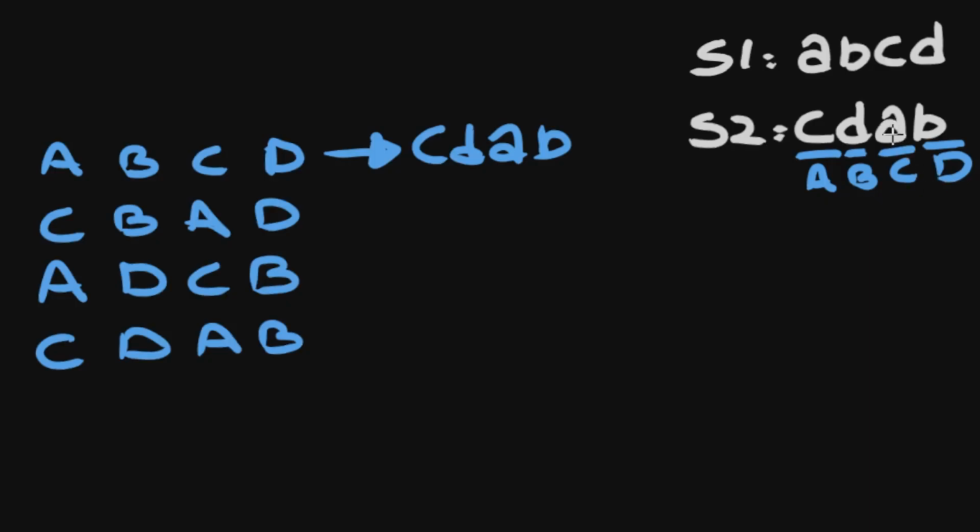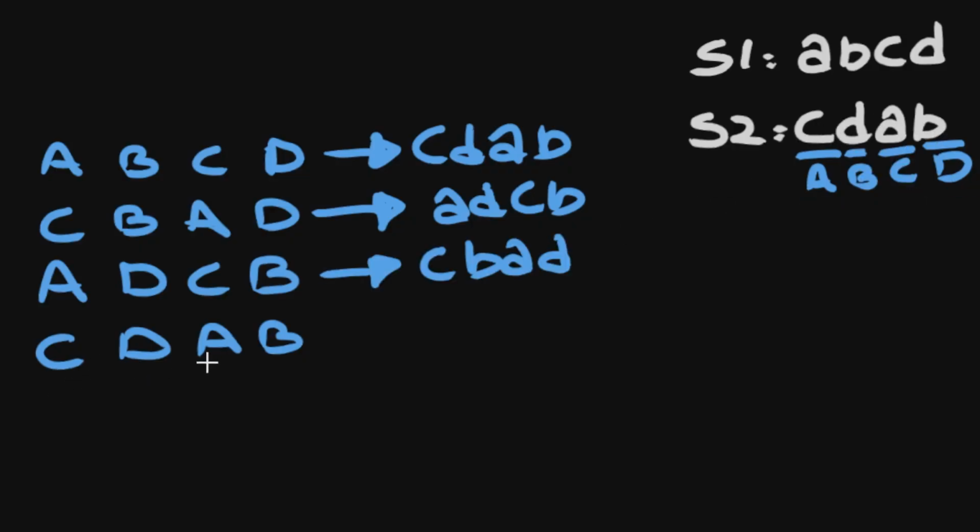So this corresponds to A, D, C, B. For this scenario, we get A, D, C, B, meaning this, which corresponds to C, B, A, D. And for this scenario, we get C, D, A, B, which corresponds to this, which is A, B, C, D.